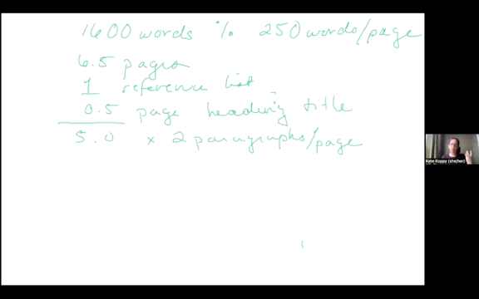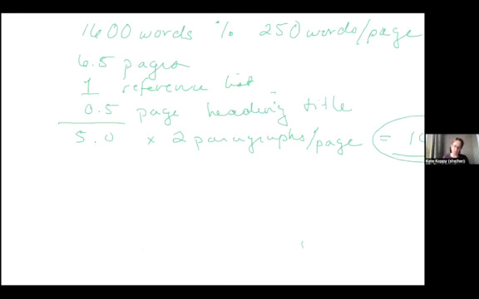You might have a paragraph and a half, you might have 3 short paragraphs, but in general, for planning purposes, we can say that a page is approximately 2.5 paragraphs. So if we have 5 pages, that means we've got 10 paragraphs.